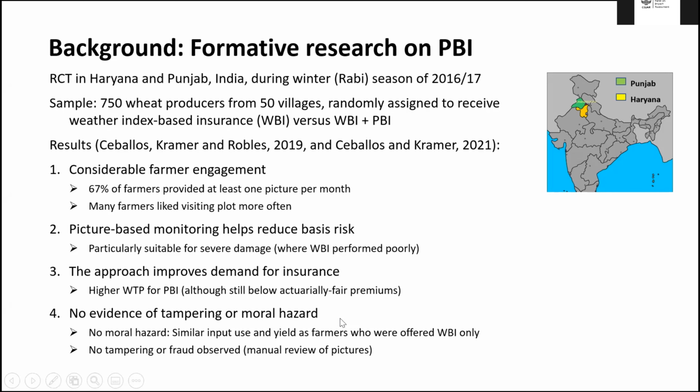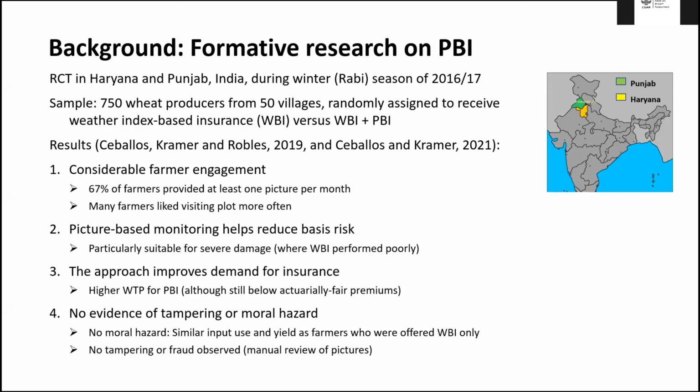And then finally, we did not find evidence of tempering or moral hazard. That was a concern that many people had when we started this work. But we find that between our control, where just weather index-based insurance was provided, versus weather index-based insurance with the PBI add-on, we found similar input use.